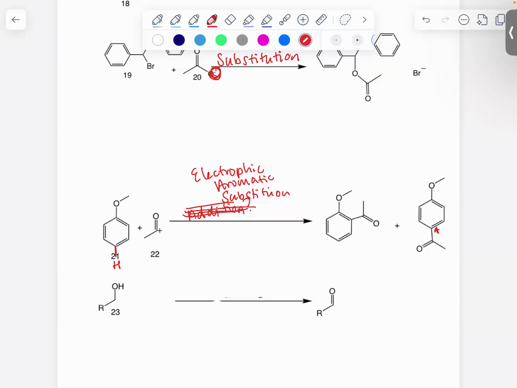If the substitution is happening on the aromatic thing, yes. Will he ask us something like that, that tricks us? I would not call this a trick. This is an example of electrophilic aromatic substitution. You have an aromatic thing that got stuff substituted on it.